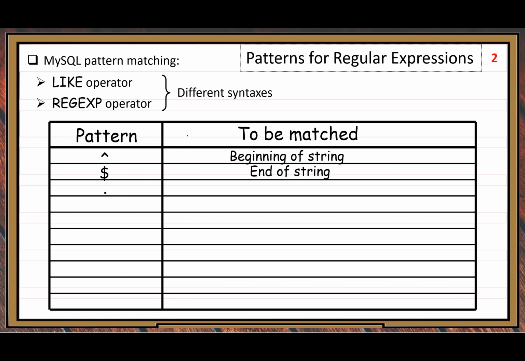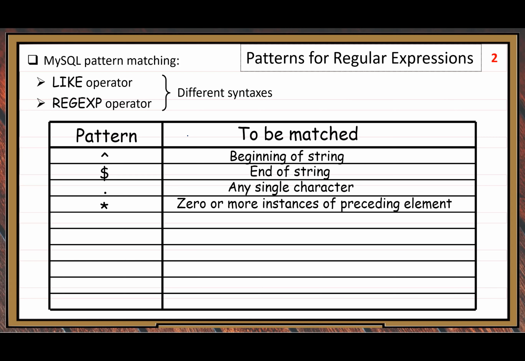In regular expression, dot matches any single character, only one single character. Star, the asterisk symbol, matches 0 or more instances of the preceding element.